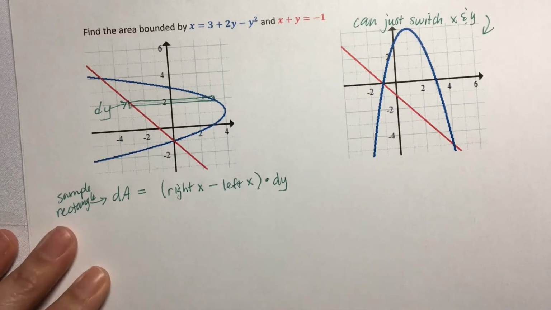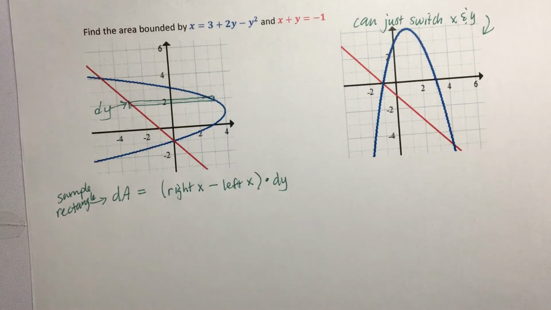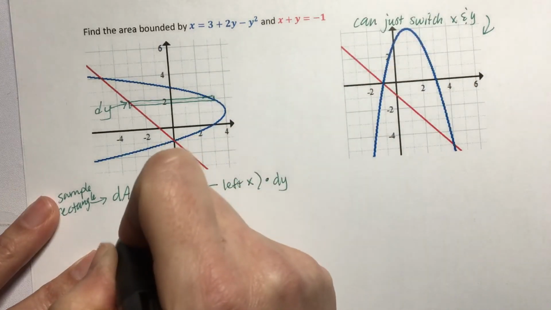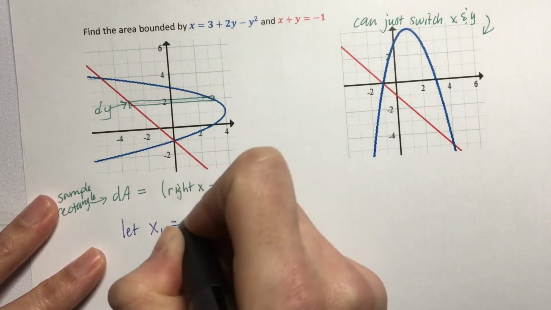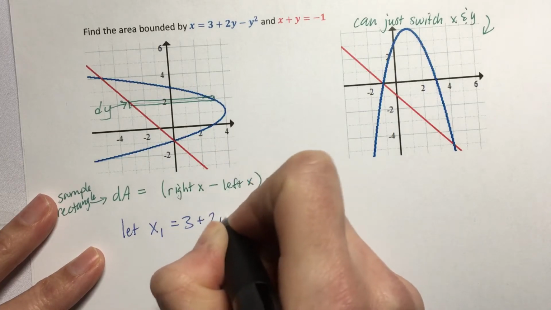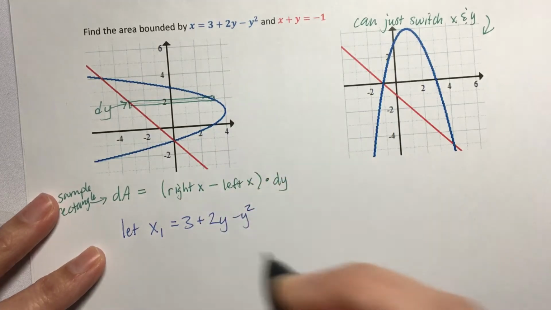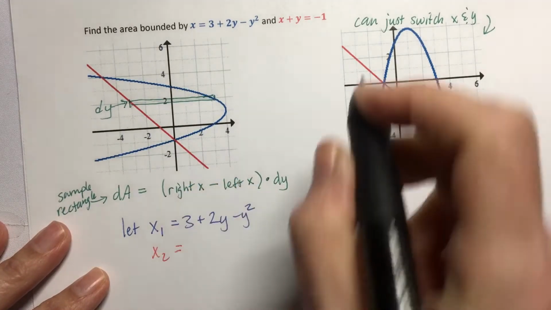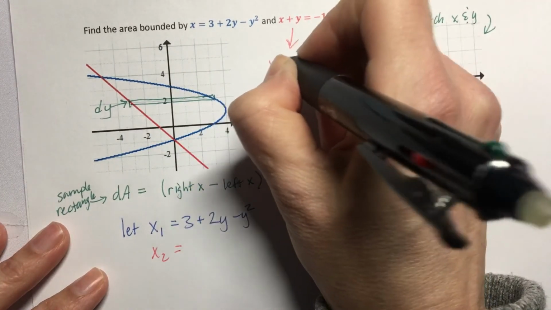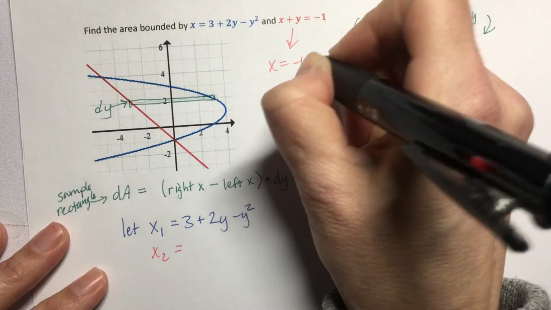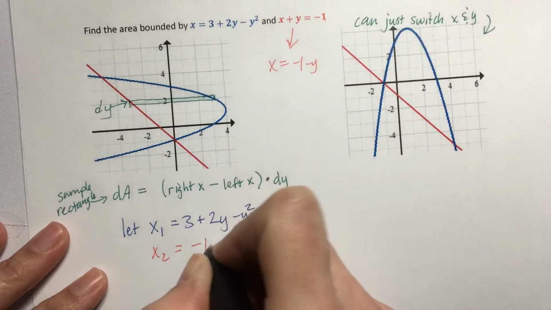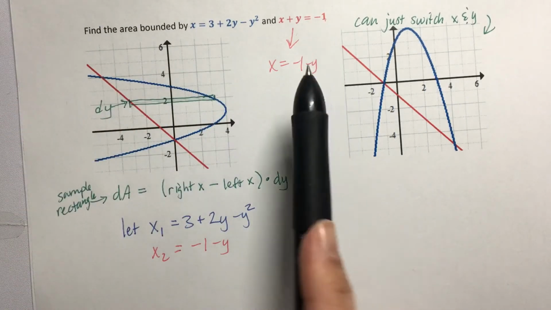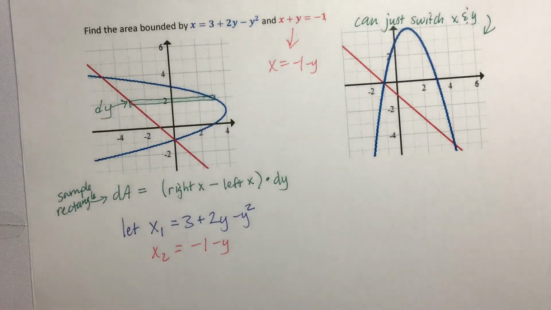And like before, just to make it easier to talk about, I am going to say let x1 equal the 3 plus 2y minus y squared. And I will let x2 equal, I have to solve this one, x equals -1 minus y. I had to solve that for x since it wasn't in an x equals sort of form.